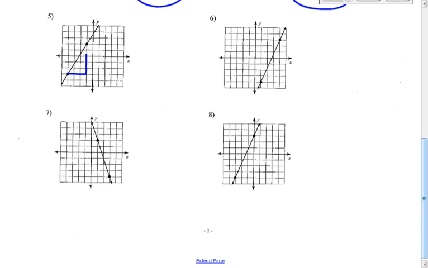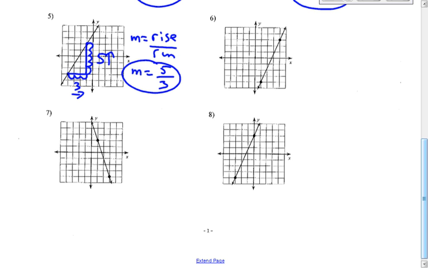Number 5, we'll use the 2 points that they give us. Count 1, 2, 3 to the right, and then 1, 2, 3, 4, 5 up. Put the formula down, rise over run. The rise is 5 and the run is 3. Final answer, 5 over 3.